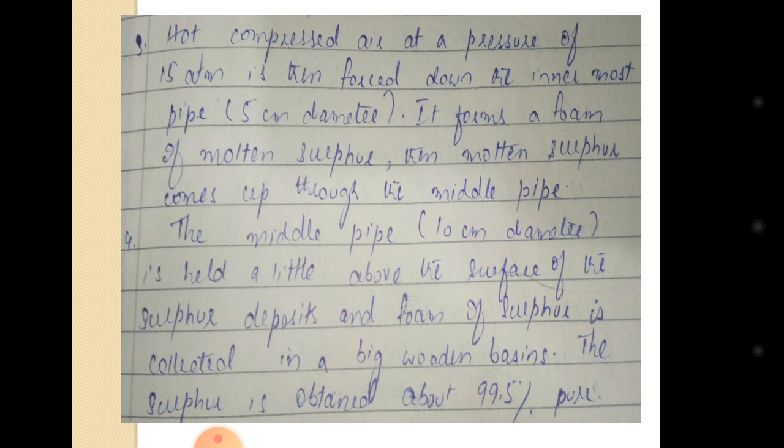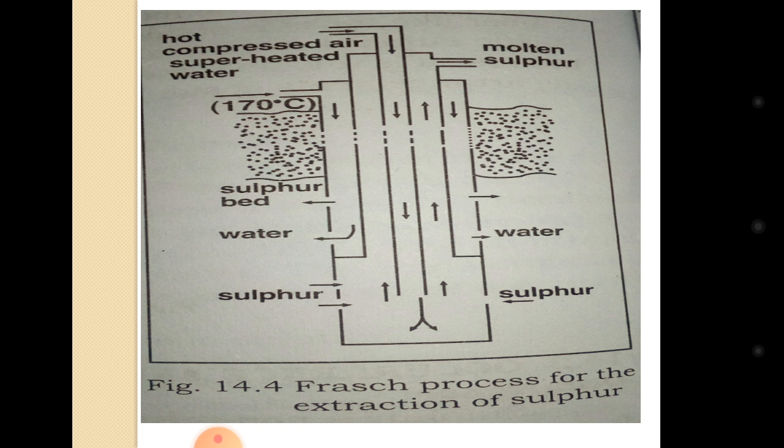The middle pipe is a 10 centimeter pipe which is held above the surface of the sulfur deposit, and when the foam of sulfur is formed, it is collected through the middle pipe and comes out by the process of extraction, and we get 99.5% pure sulfur.